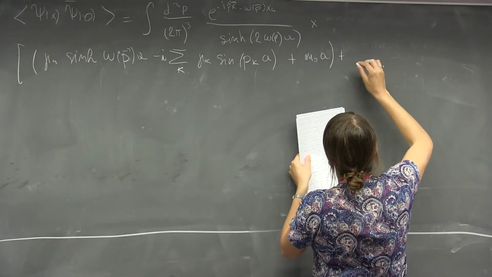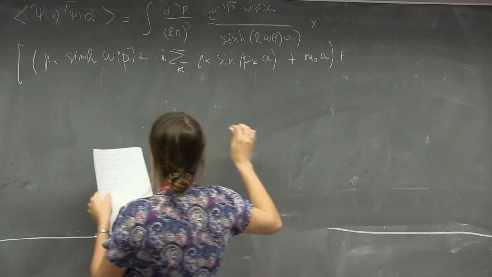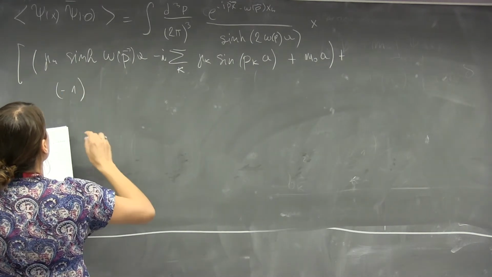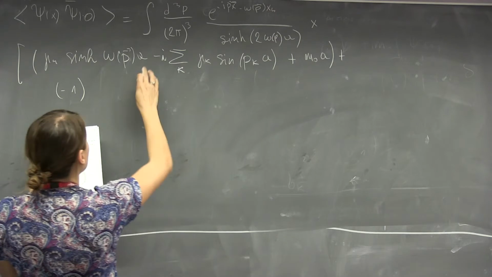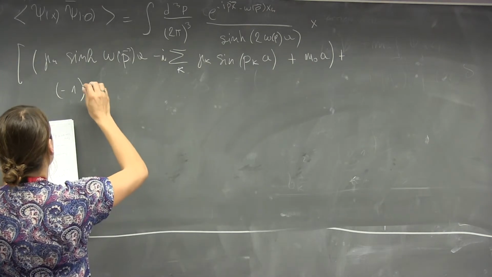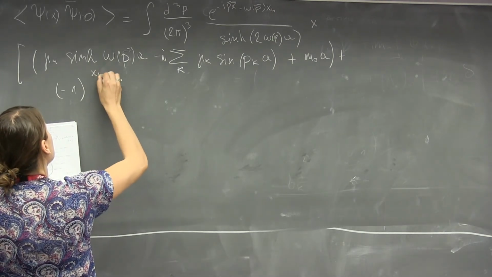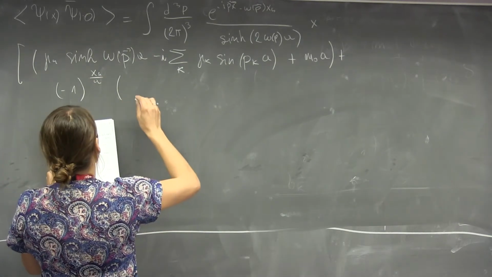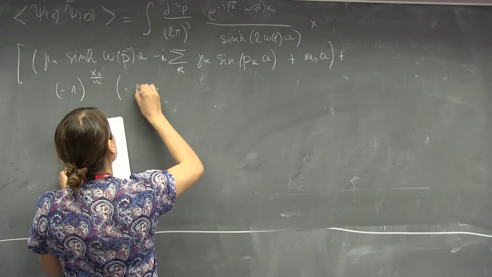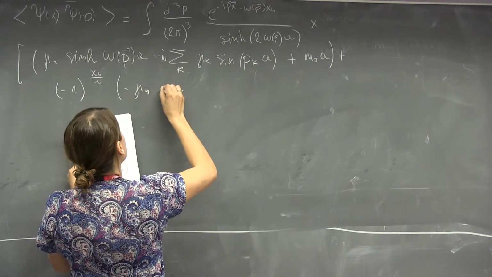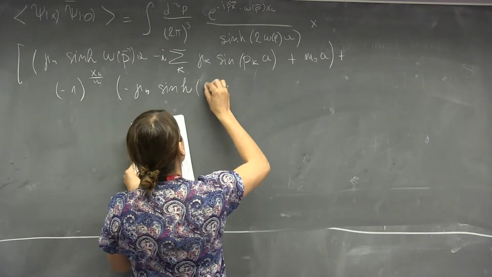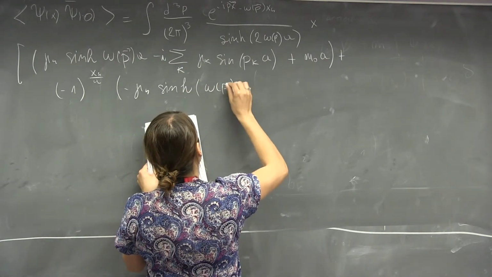plus, I will use another row, minus 1. So this is a term corresponding to the spatial component, minus 1 to the x4 divided by a, minus gamma 4 sinh of omega of p.